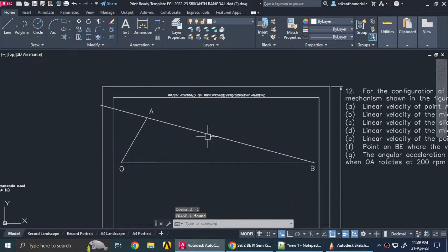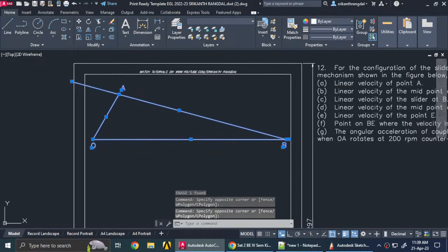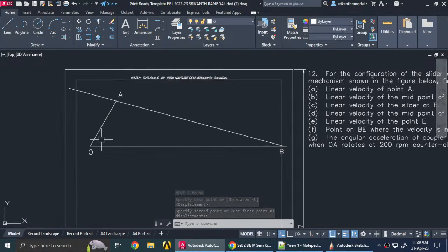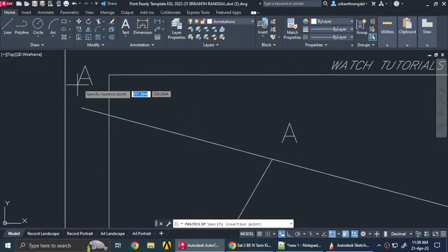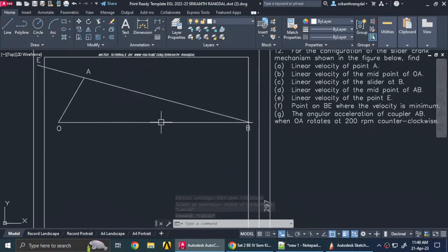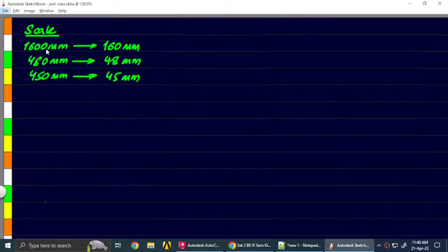Now I can see it's becoming a little difficult for me to place it in the A4 sized sheet that I'm using. So these are the margins, and it's still within the margins, so let's use it like this. Next we just need to name this point as E. All right, so now you can see that we have got the position diagram with this scale.